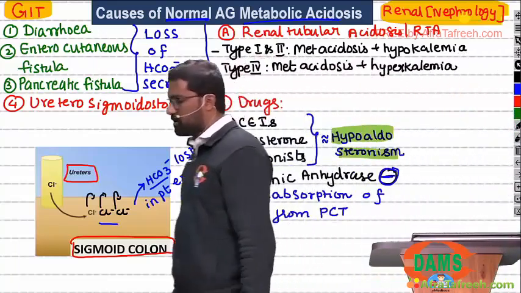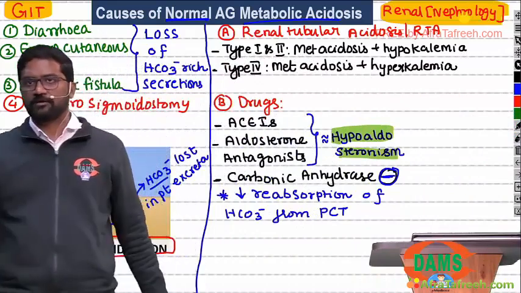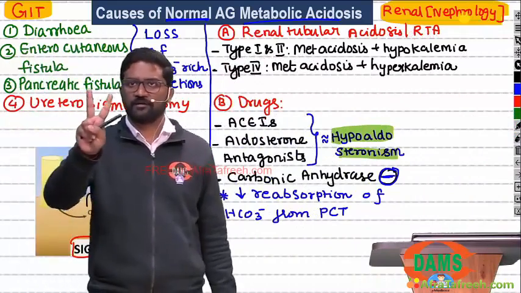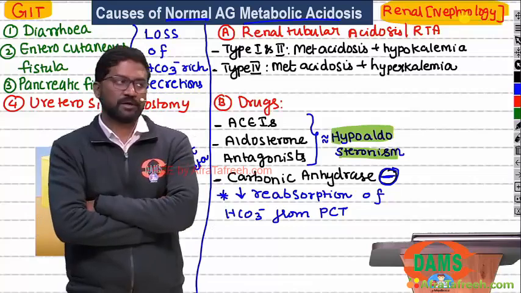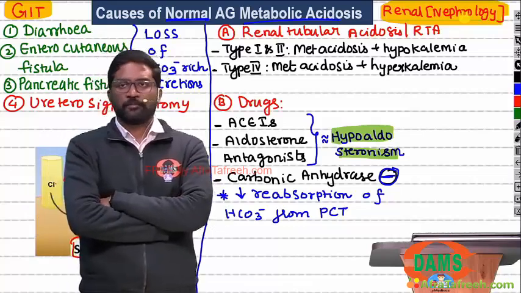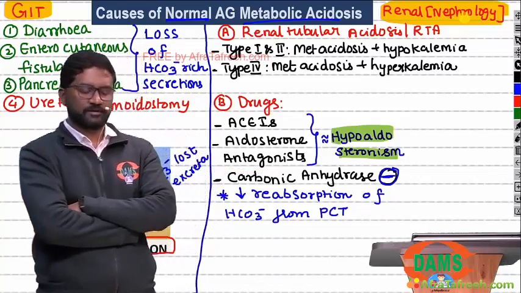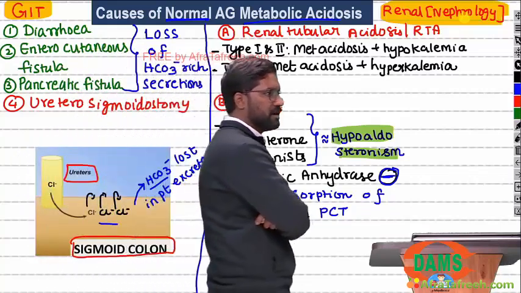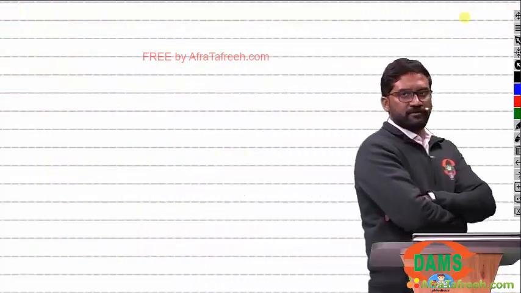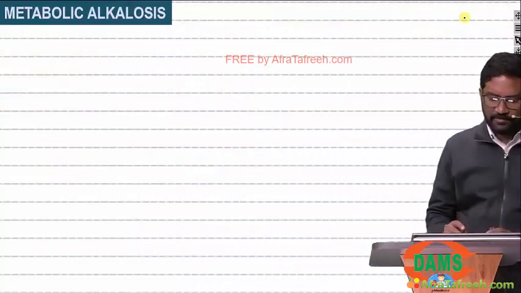Next, let us see metabolic alkalosis. For metabolic alkalosis, actually there are two types of classification. One is based on mechanism and two, based on our convenience in the emergency department, we have divided it into saline responsive and unresponsive. So write down metabolic alkalosis.